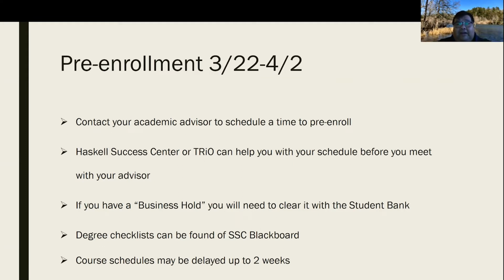Because when it comes time for you to graduate, you may think, I think I took that, but you're not sure, and the registrar's office will double check everything. If there's something that you're missing, you're going to have to go back and take that. We don't want that to happen.